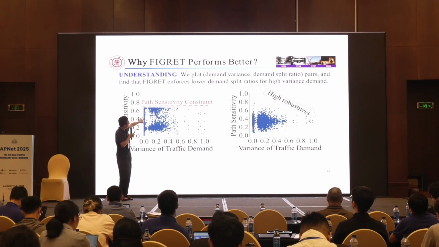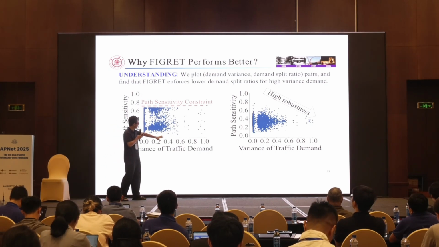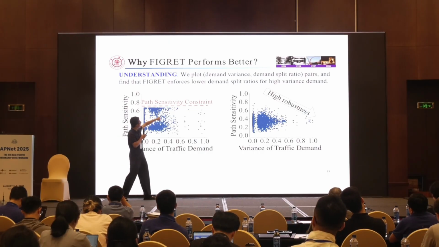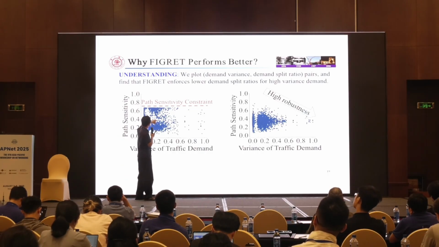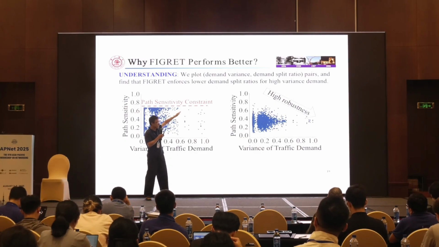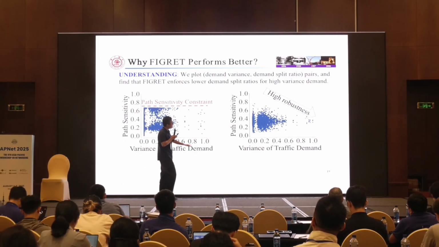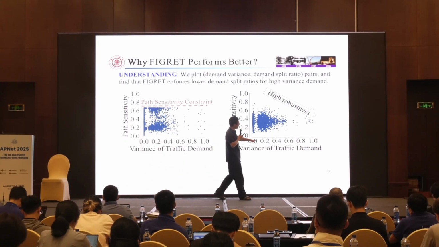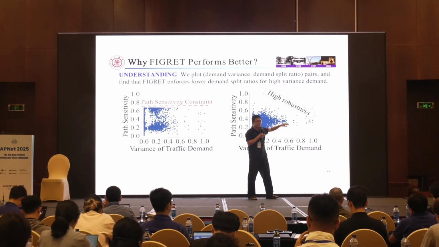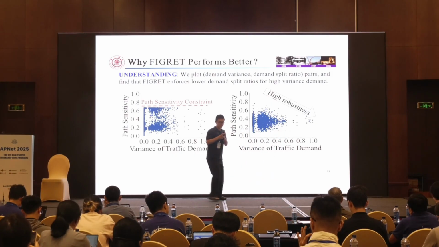With Google's approach, regardless of the variance of traffic demand, the routing weights are uniformly spread in this range. But with our approach, as the variance of traffic demand increases, the maximum Wij decreases.